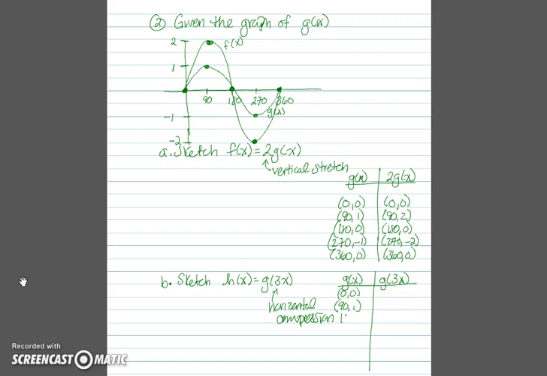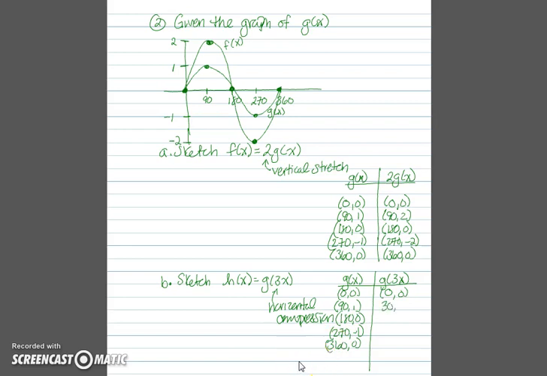So good, I'm listing the same ordered pairs from g of x that I had before. But now, in order to perform the transformation, I'm taking all of the x values, multiplying them by 1/3. That's essentially dividing them by 3.